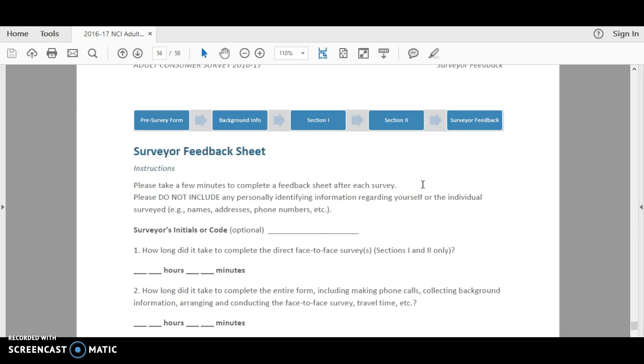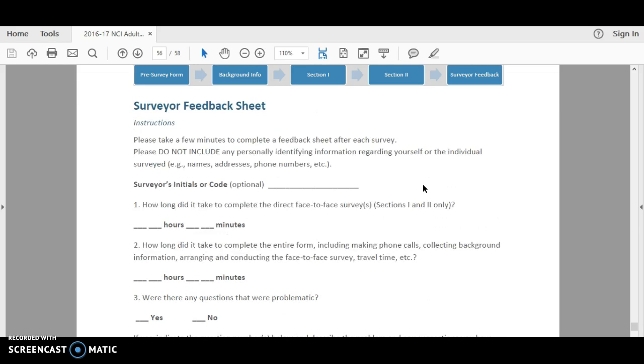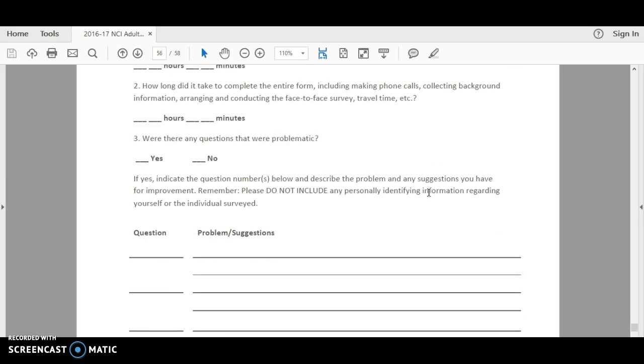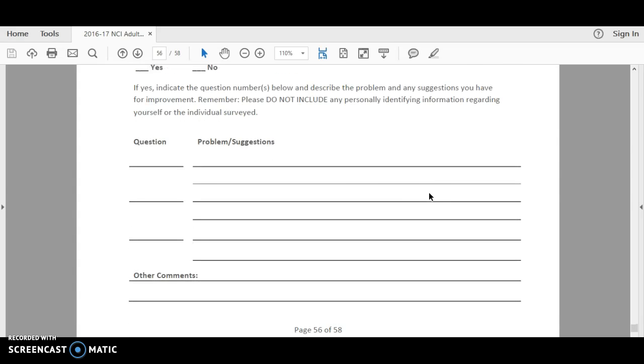Finally, we have the surveyor feedback sheet, which I mentioned a bit ago. This is just information that is helpful for us to relay to states to know how long it takes to complete the survey, how long it takes to collect some of the information, and really importantly, if there are questions in the survey that you found problematic, so maybe you thought it was asked in a kind of awkward manner, maybe the response options don't fit exactly how the person typically would answer a question.